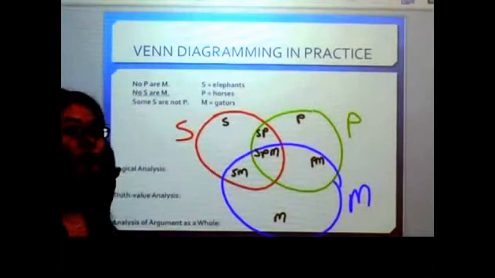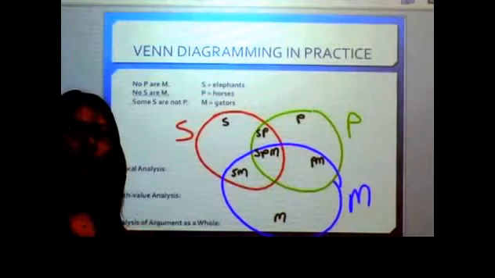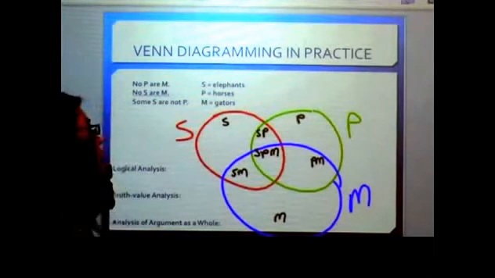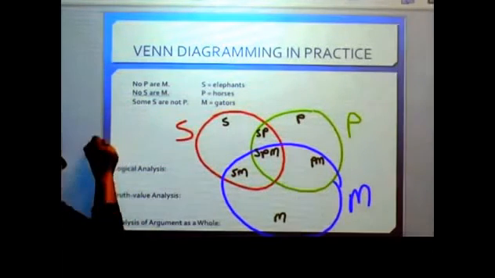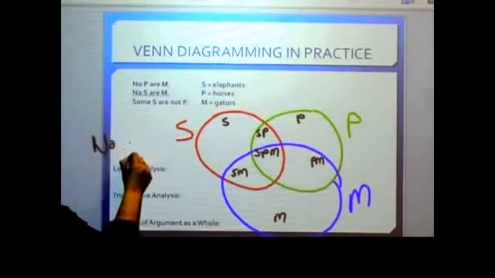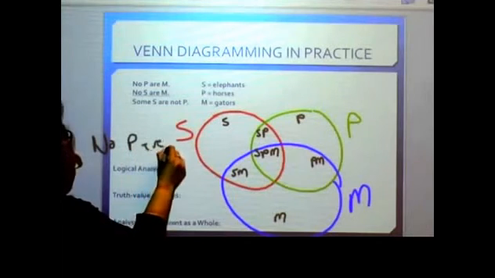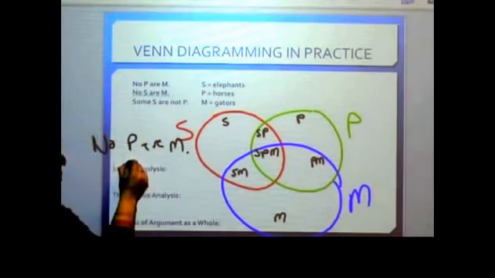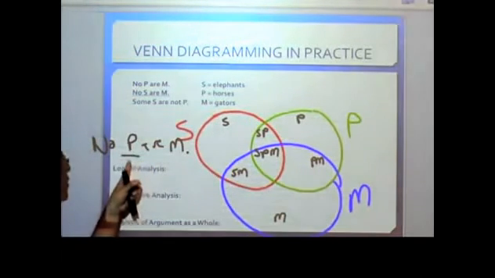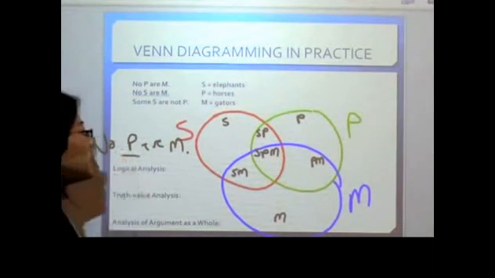So notice that both of these are universal statements, so it doesn't really matter which one we diagram first. So I'm going to go ahead and diagram the major premise first. And the major premise is no P are M. And we're going to locate the circle that represents the subject term of this statement, which is the P circle.